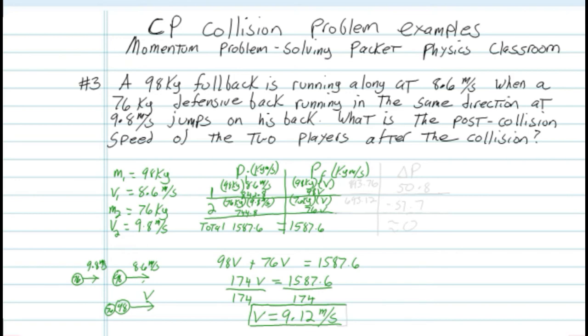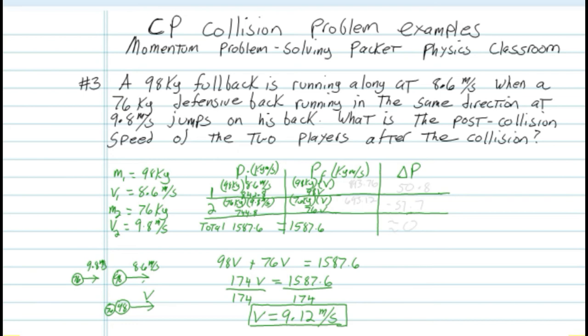Now, I'll also go over in this first example how we check our work. So we can do it in a third column, we call it change in momentum, delta P. So what we want to do is look at the final momentum minus the initial momentum. The final momentum of the 98 kilogram person is 98 times v, and v is 9.12.